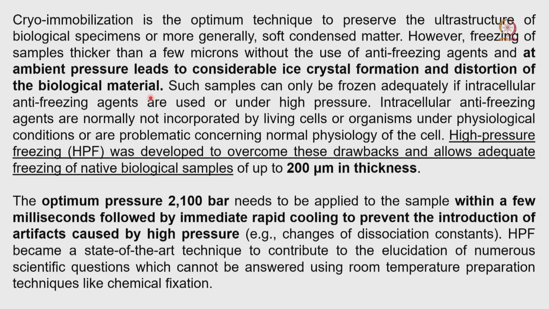Consider a cell with different kinds of organelles inside. If you do not freeze the sample properly, that is, if you just use normal cryo freezing, where you have a grid, add the cell, and quickly plunge it into liquid ethane, what will happen?